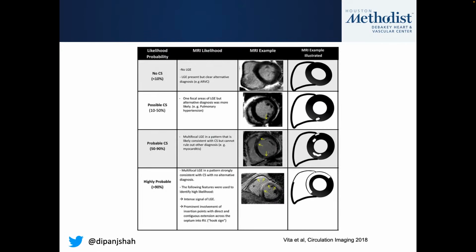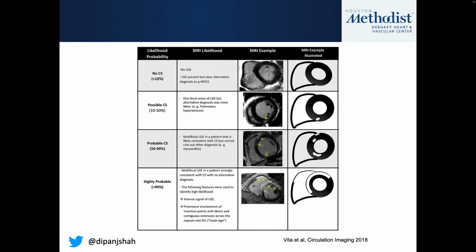And this is a recent paper from Ron Blankstein and his group at the Brigham, where they went through and described different patterns of LGE amongst a cohort of patients with different pretest likelihood of having sarcoidosis. For patients with possible sarcoidosis, oftentimes there can be one focal area of LGE, but there may be an alternate diagnosis for this pattern of LGE.